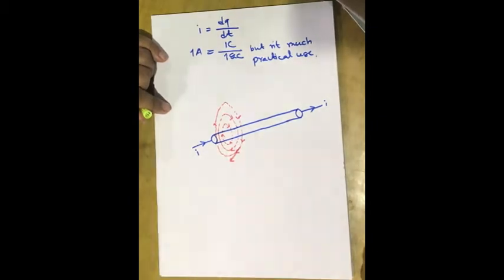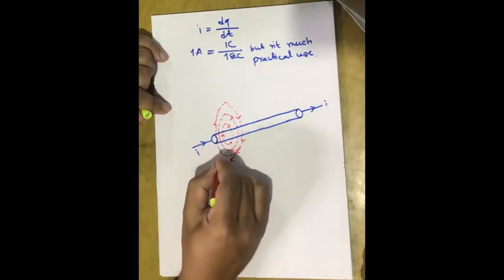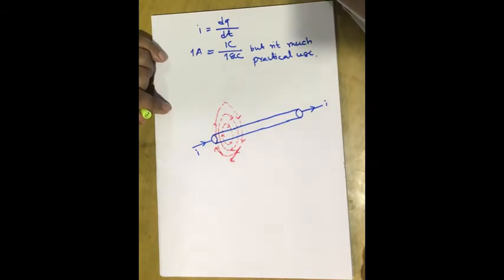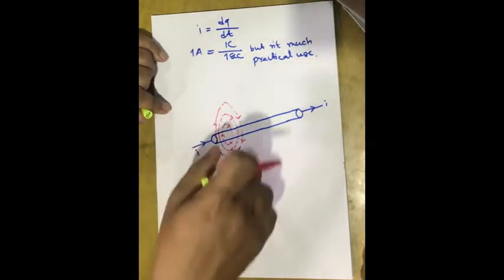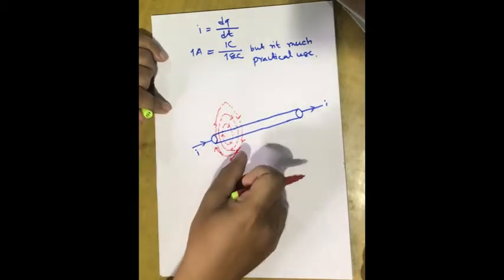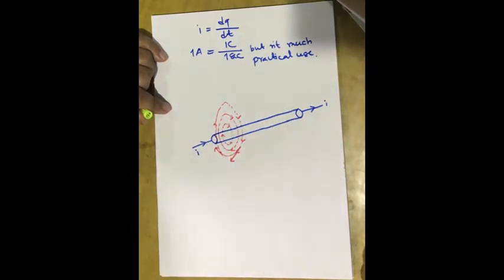We have to plot a tangent at that point. So this is a current carrying wire, and the circulation of the magnetic lines of force around the wire. The direction of the magnetic field at any point, you just have to draw a tangent at that point.